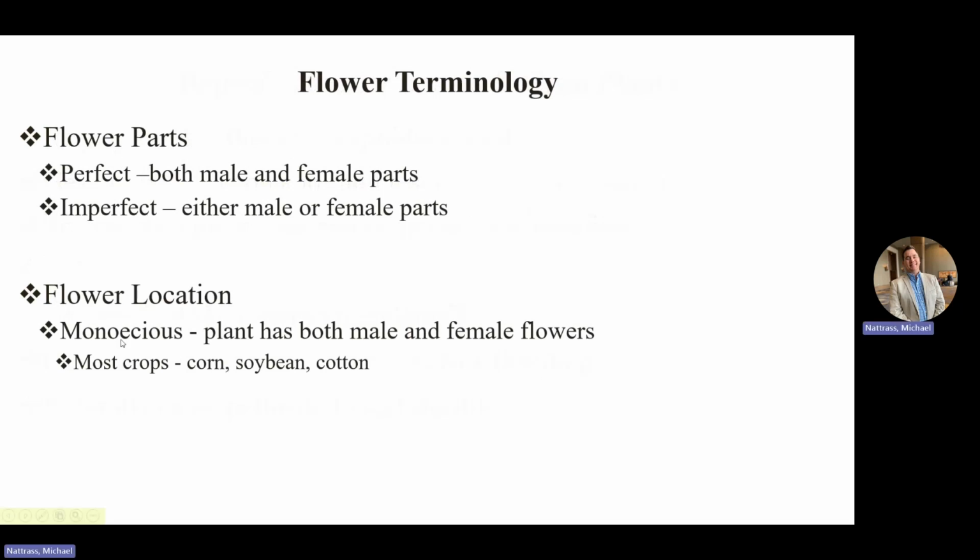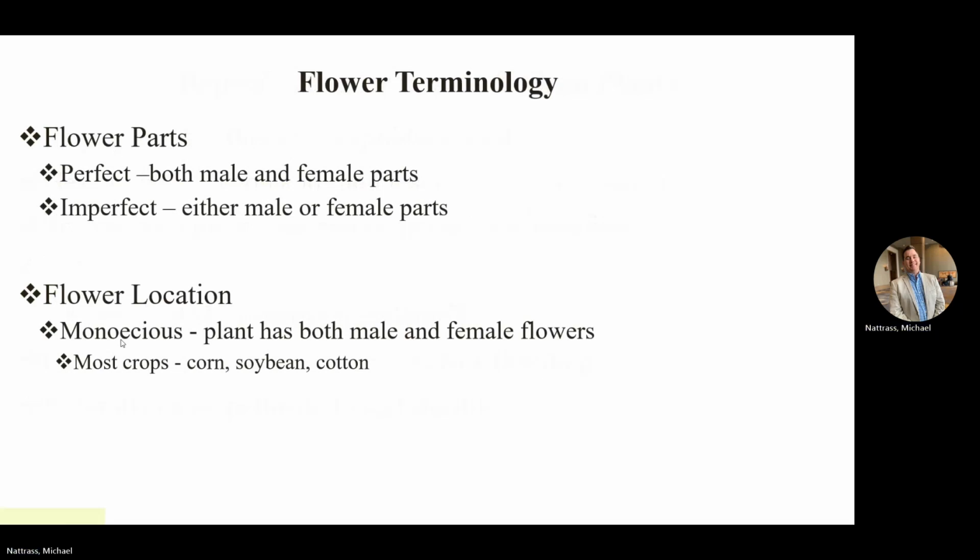Now the location of that flower on the plant: if a plant has both male and female flowers on itself, which is going to be most crops, then it is monoecious. I can hear my major professor saying, meaning one house.